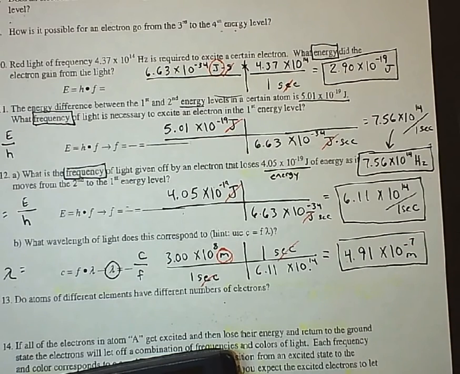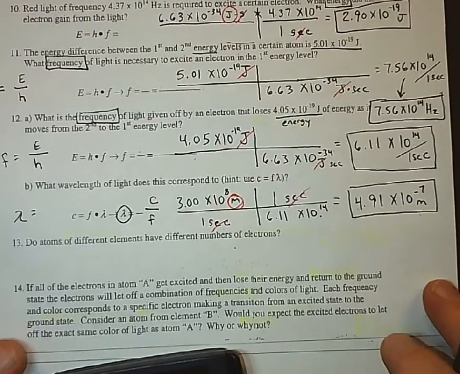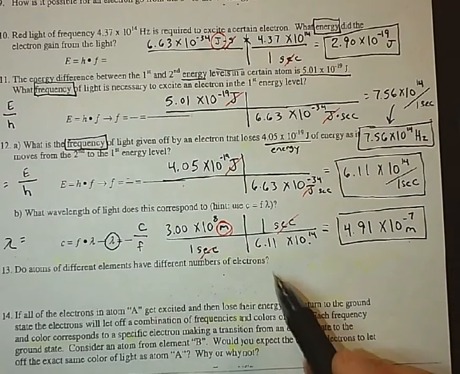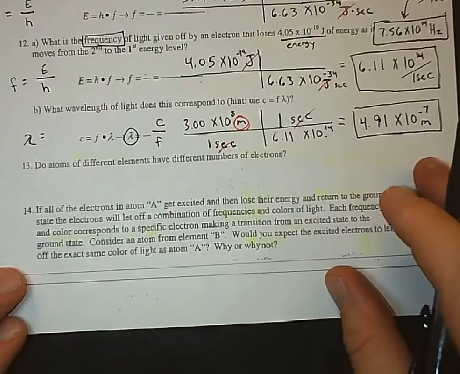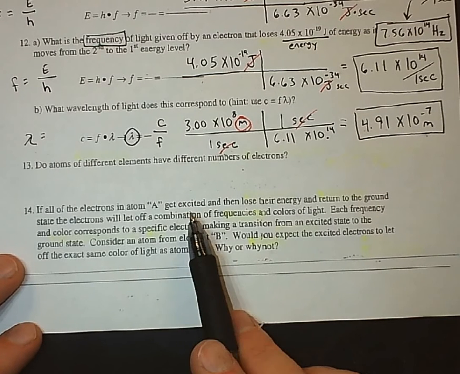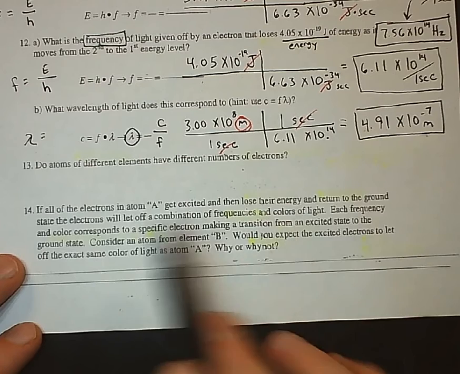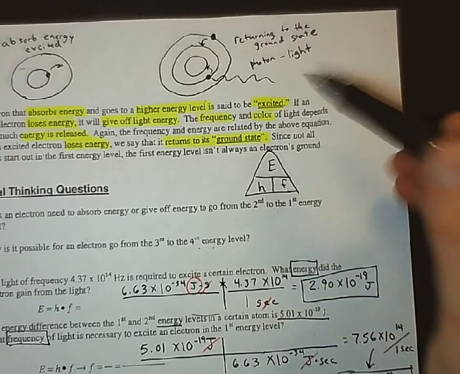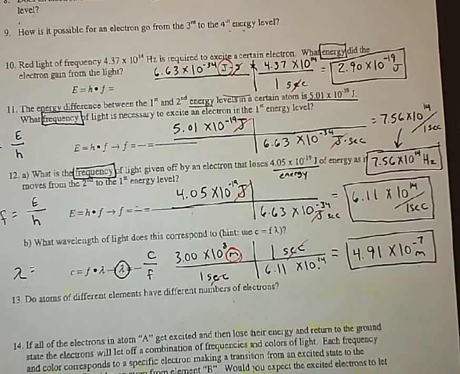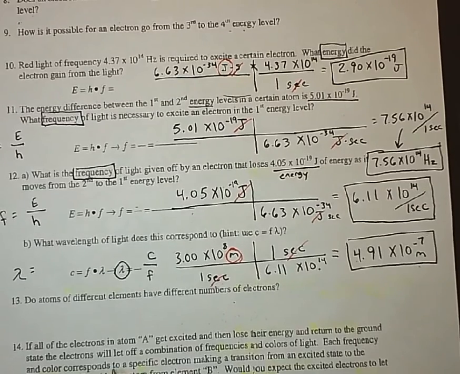13 and 14. Do atoms of different elements have different numbers of electrons? Answer that here. Number 14. If all the electrons in an atom A are excited and then lose their energy and return to the ground state, so our electrons are moving in, the same electrons will let off a combination of frequencies and colors of light.